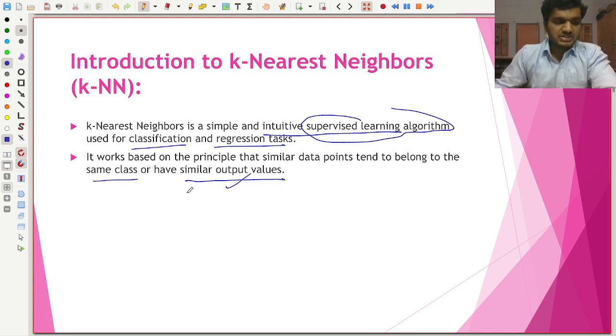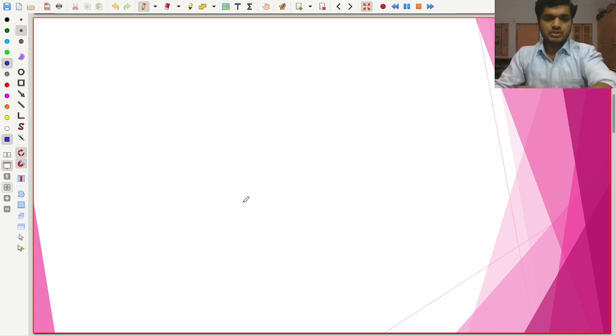Suppose it is used for classification and also used for regression. Let's discuss an example.